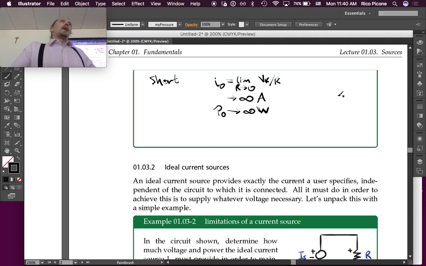There's no power source that's going to give us an infinite amount of power. So we know that these idealized sources can't really be realized. So we'll look at an ideal current source first, and then we'll look at what happens when you want to make a real source. Okay?